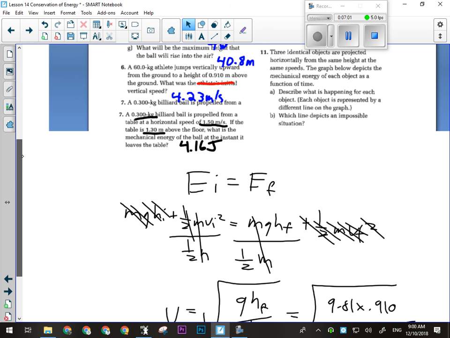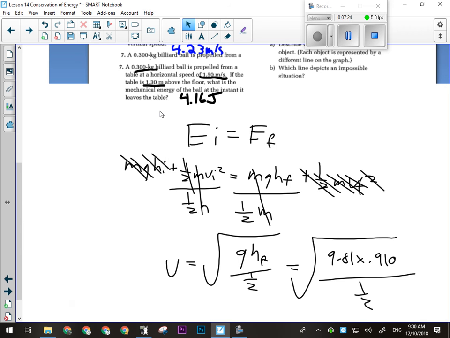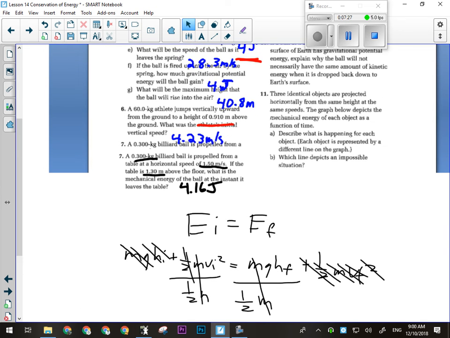Did I mistype something? I think I forgot to square root that. I think that 4.83 is the non-square-rooted answer. No, I forgot to square root it, I think.